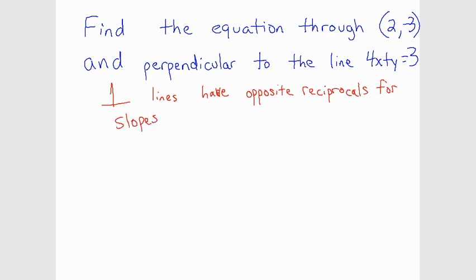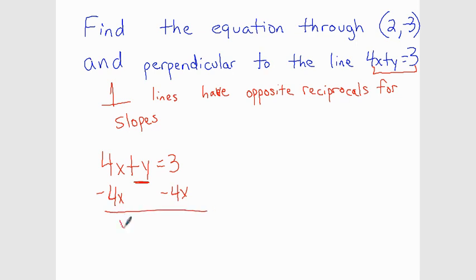So once again, we've got to find out what this slope is. So again, 4x plus y equals 3. Let's go ahead and convert it. Now notice the y is by itself with no coefficient other than 1. So I'm just going to go ahead and subtract 4x, and then I'll be done. Subtract 4x, so I get y equals -4x. Oops.